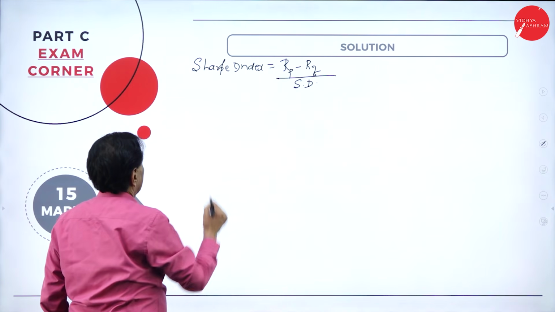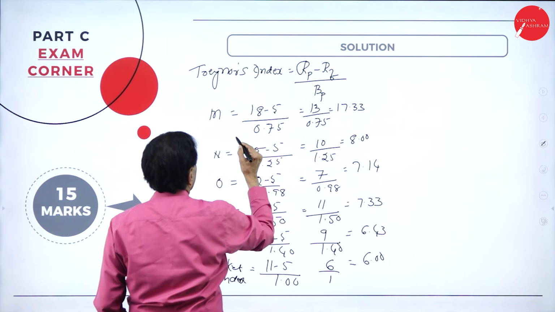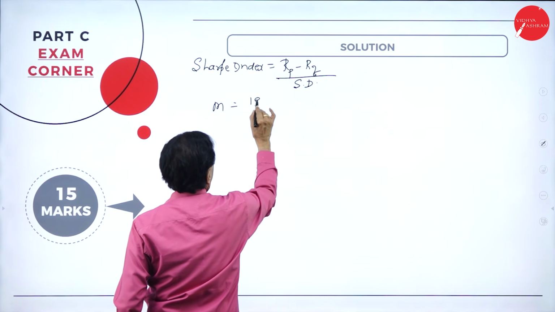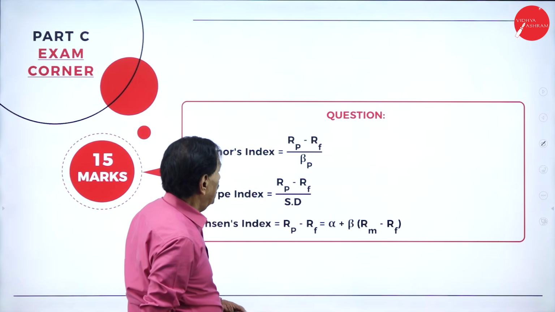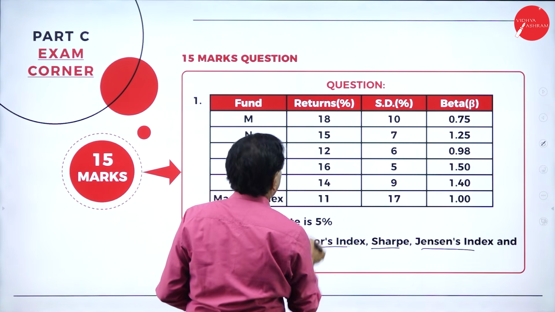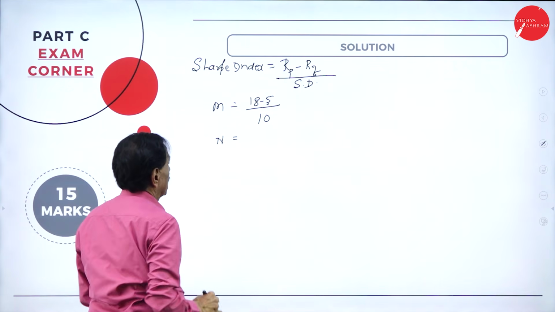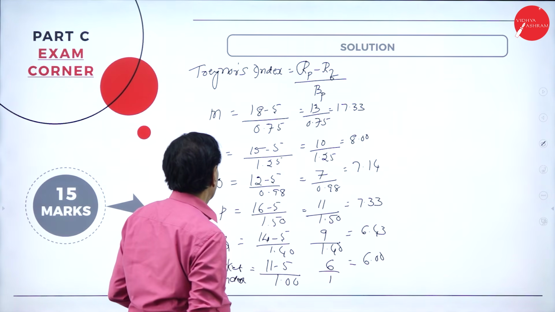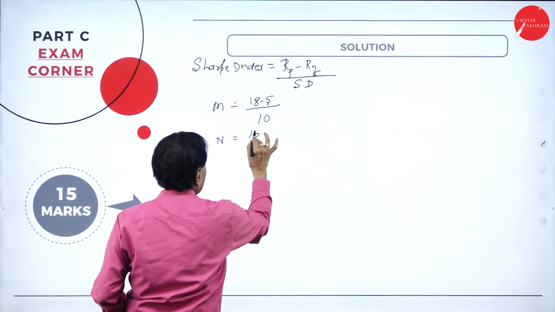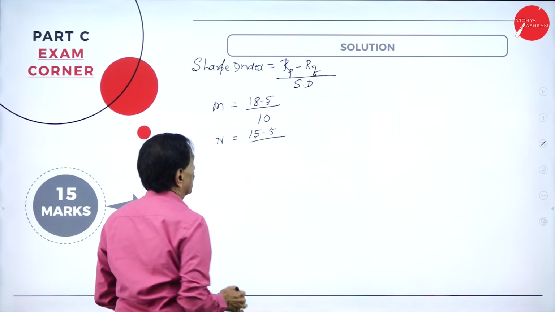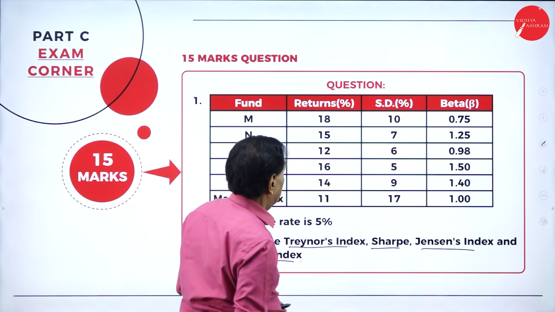We'll go with M. Return is 18 minus 5 divided by your standard deviation, which is 10. N is 15 minus 5 divided by standard deviation, which is 7.